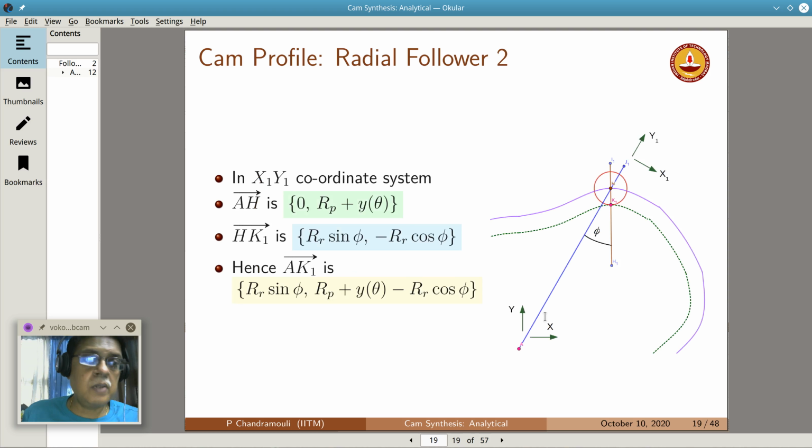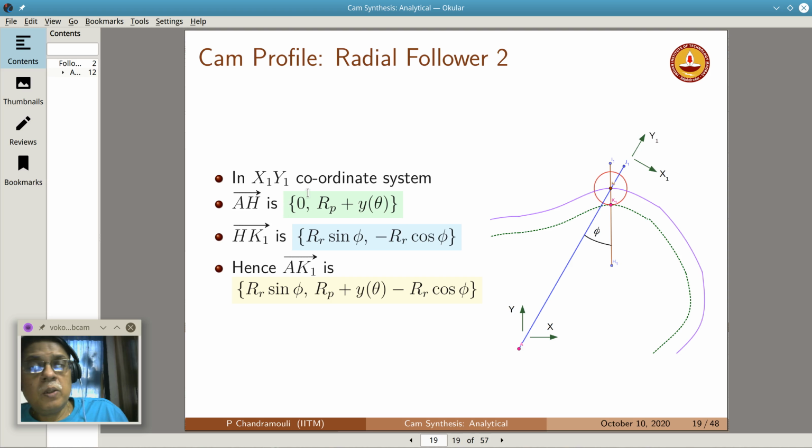Alright, let's go down. Again, I have brought the same figure out here, and let's look at these coordinates. Now I want to find the coordinate of K, K1, as GeoGebra has labeled this, right? Remember, I have an axis which is plonked at A, which is the fixed axis, XY, and X1, Y1, which is a rotating axis, rotating with the follower in the inversion, which is rotating clockwise.